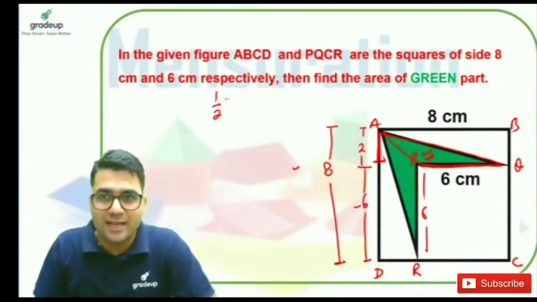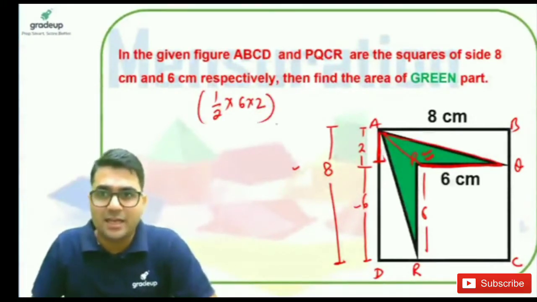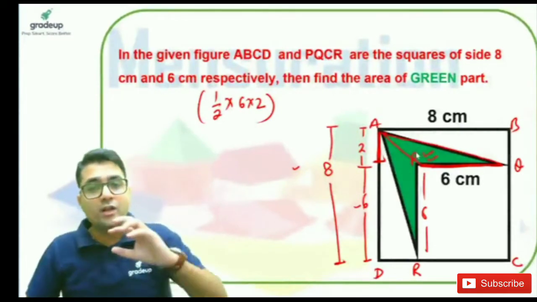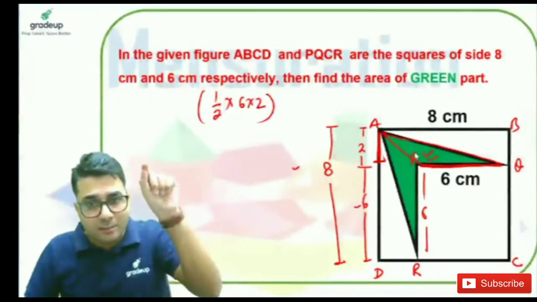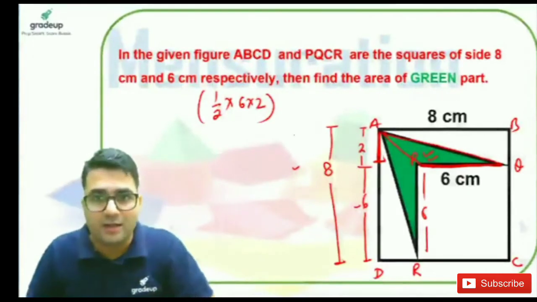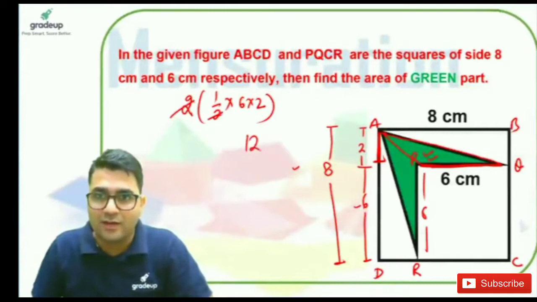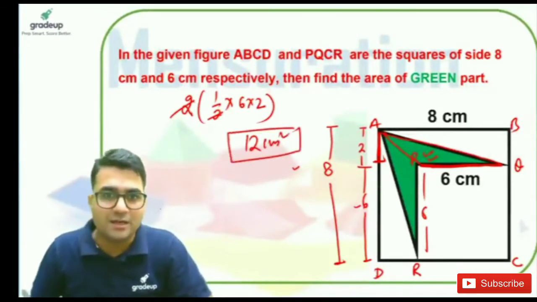Can I find this area? 1 by 2 base into height. This is the area of this triangle. Now to find the complete area of the green part, we just need to multiply by 2. Then we will get our answer. So this is the required answer. I hope you got the point.